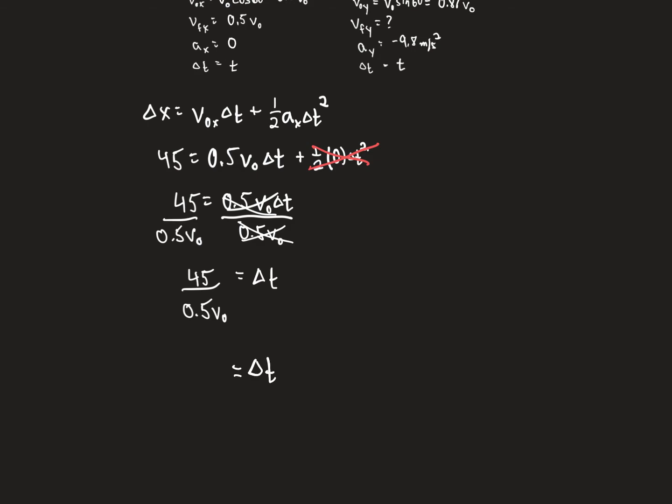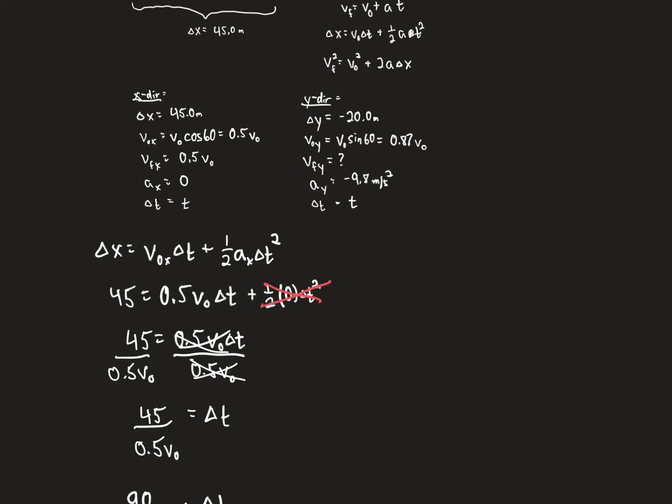So I know change in t is equal to 90 divided by V0. I did 45 divided by 0.5. Put that in your calculator, and you will get 90. Still have the V naught on the bottom. So I know what change in time is in terms of V naught, so I can use that in the y direction.